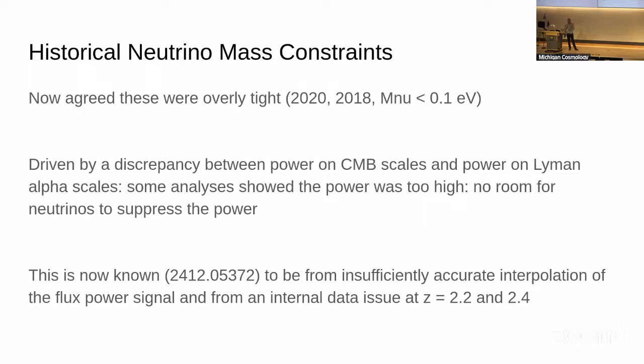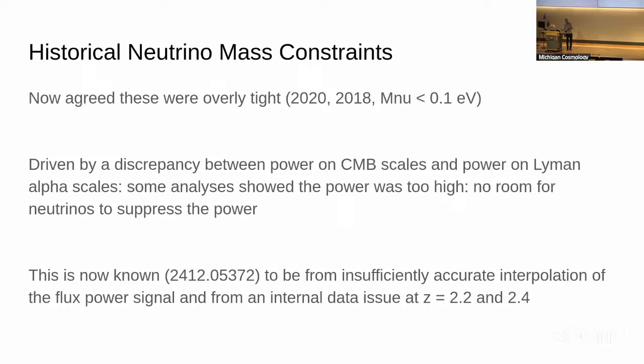An example of how careful you have to be: some previous constraints on neutrino mass from the Lyman alpha forest, which were quite tight, said that the neutrino mass was less than about 0.1 eV. I believe it is now agreed that these are not valid constraints. These were overly tight. They were driven by a discrepancy between power on CMB scales and power on Lyman alpha scales.